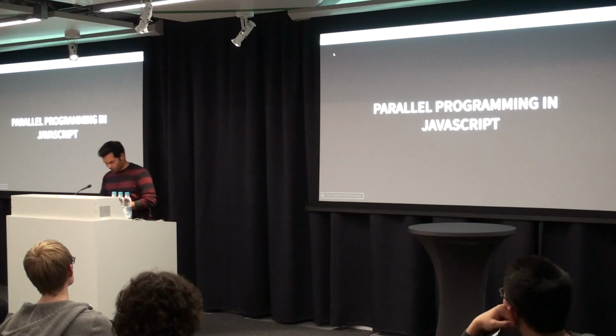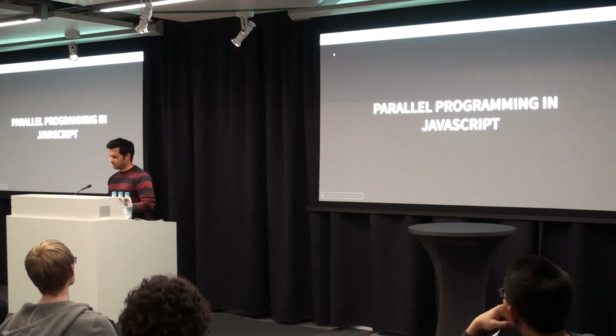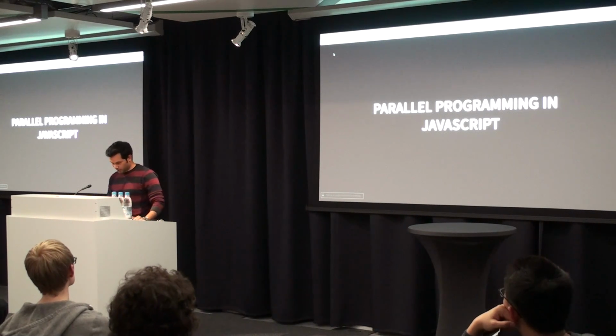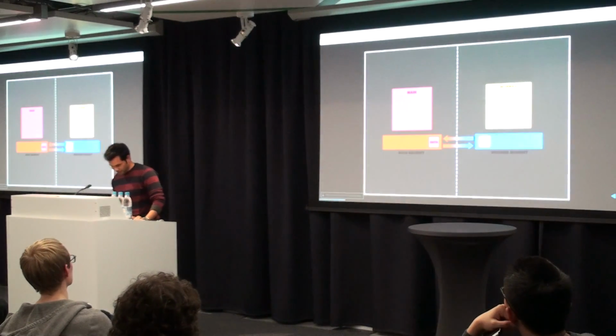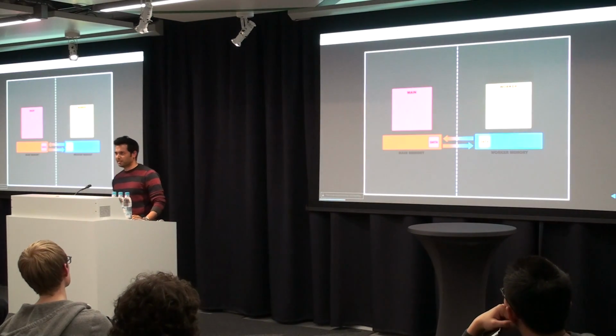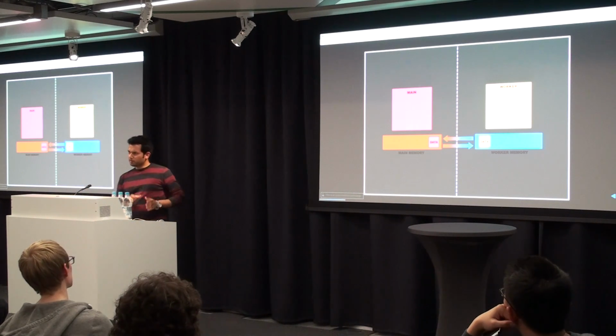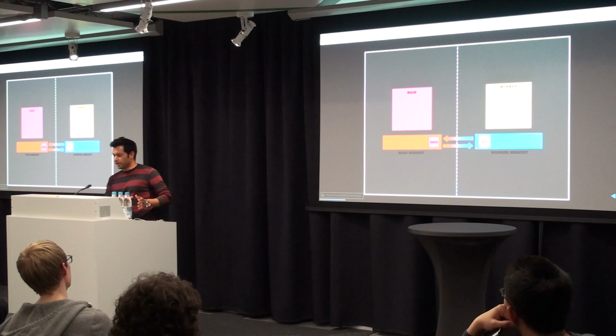Yeah, but recently, we now have shared memory. This is actually how it was working before. We have the main thread and worker, and we have memory for main and memory for worker. So when you send the data, you need to actually clone it.